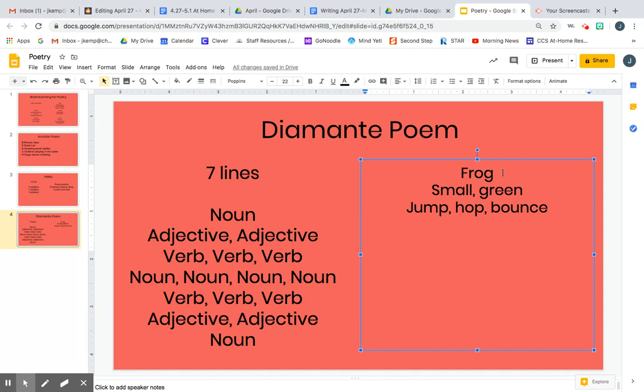Then I'm going to do 4 more nouns. Trying to think of nouns that would kind of be associated with a frog. So frogs have their eyes kind of stick out, and they have very sticky tongues. I'm going to do eyes, tongue. Those are both nouns, they're both things. I need 2 more nouns. Legs.